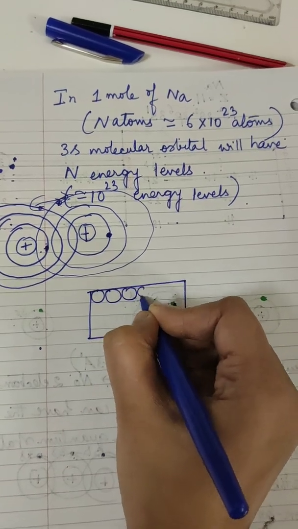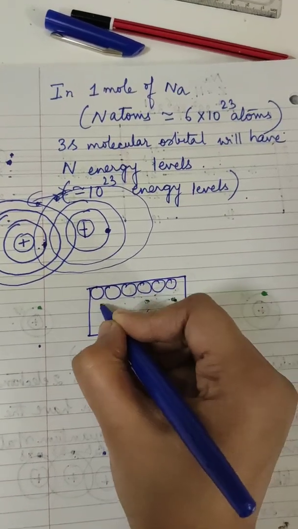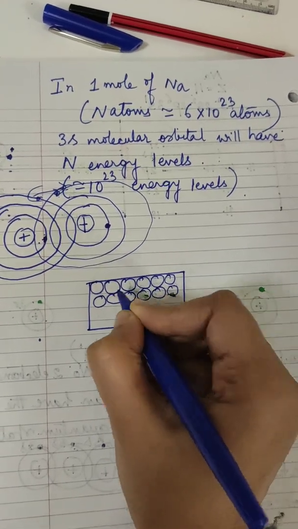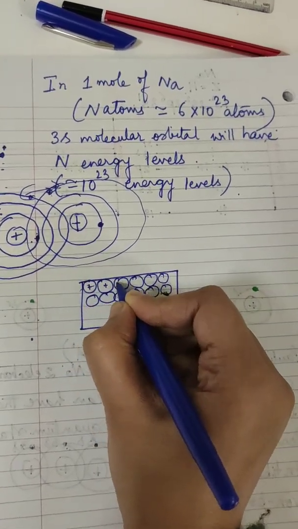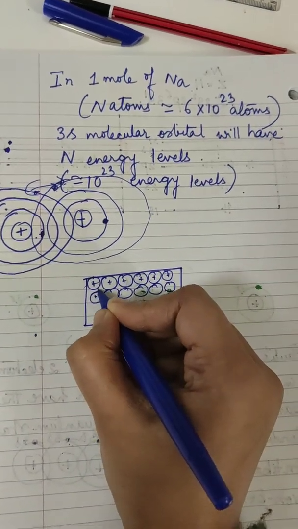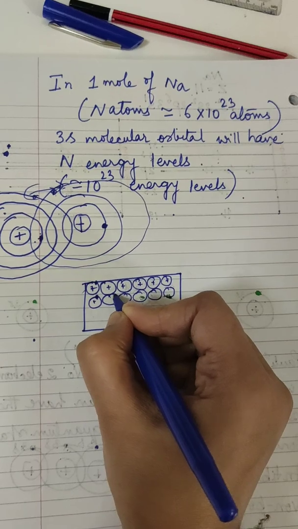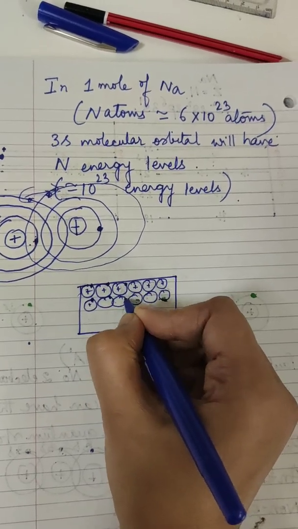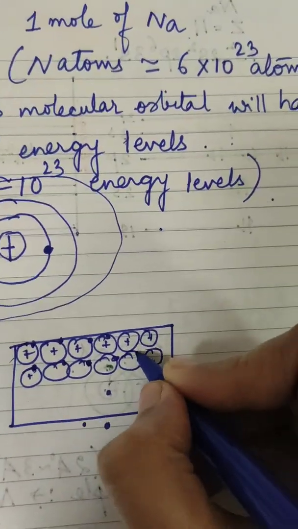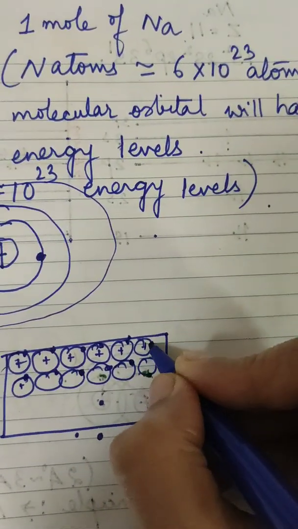So these are n atoms. These are the nuclei, and these are the electrons in the outermost shell. I'm only drawing the electrons in the outermost shell.